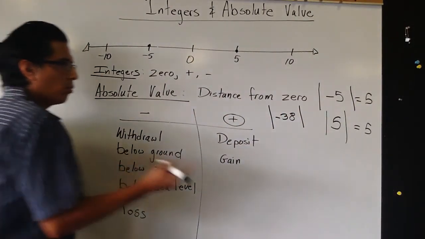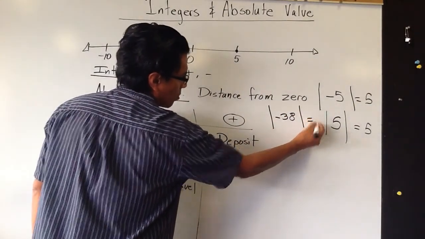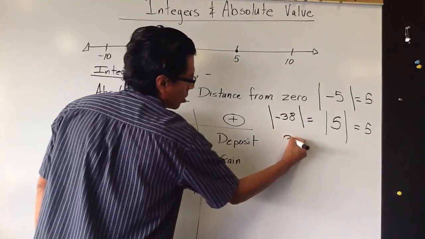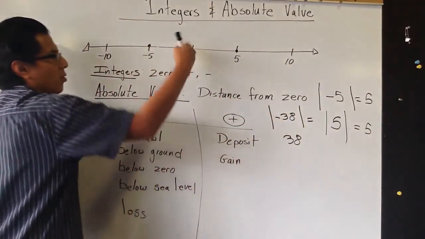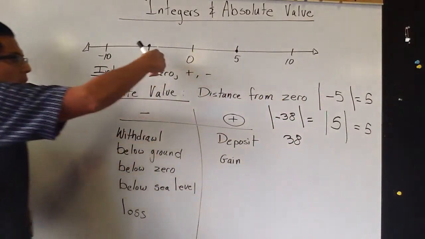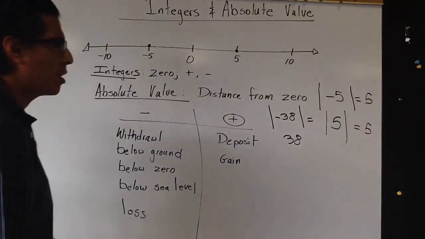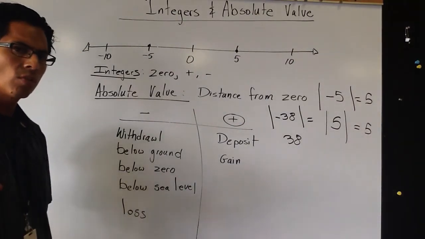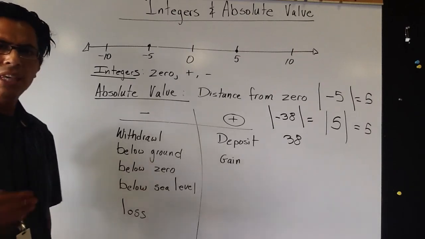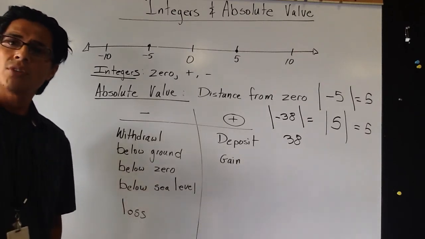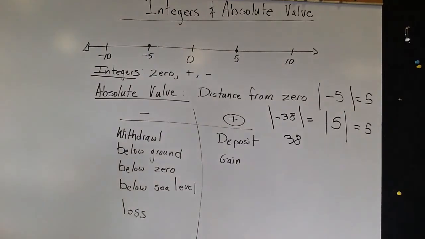Well, what is that? The absolute value of -38 is 38. It is literally 38 intervals from 0. And this gets really important when you start talking about time, because time can't be negative. I'll talk about how this plays out later, probably tomorrow when you start problem solving.